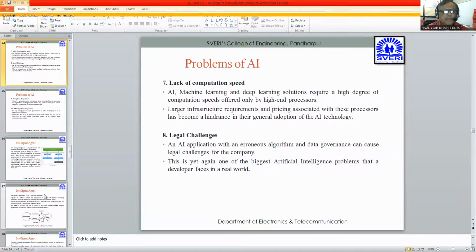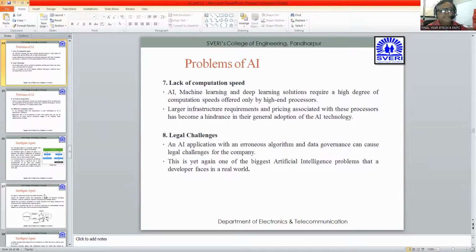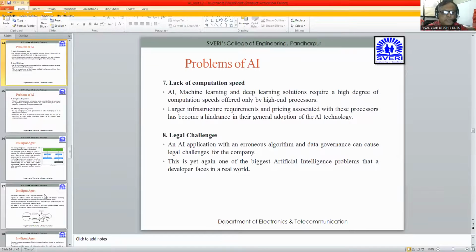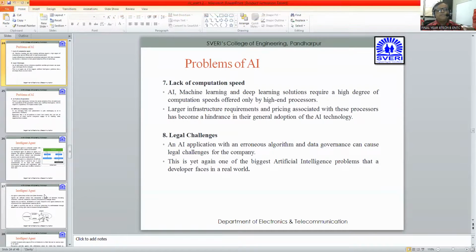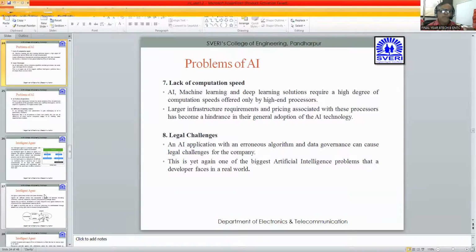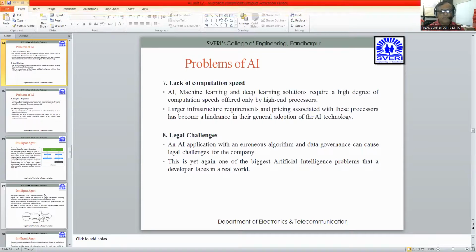So you need very high-end processors. That means a larger infrastructure requirement, and the pricing associated with the processors has been a hindrance in the general adoption of AI technology. It becomes difficult to adopt such AI technologies.